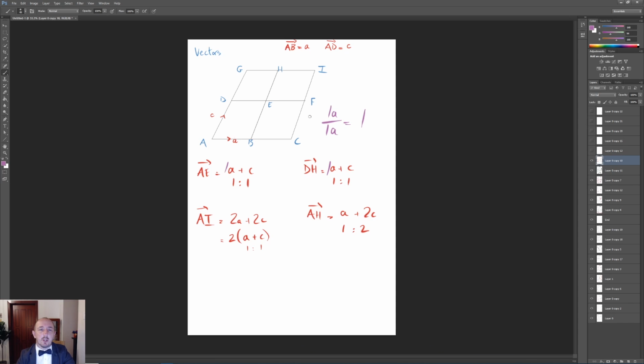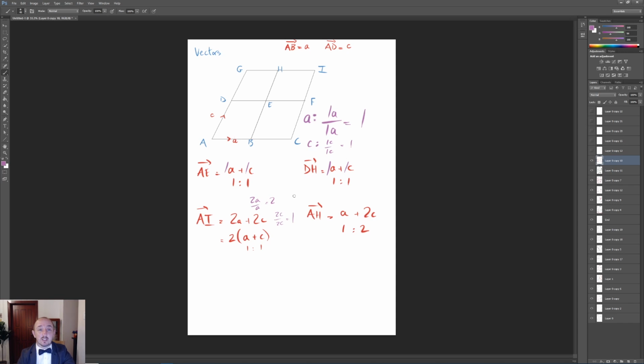So for my A component, we have a ratio of 1, and if I do the same to C, when I divide them, then I also get a ratio of 1. So these are in the same ratio as each other. If I did the same for the bottom 2, when I had 2A divided by A is equal to 2, and then 2C divided by 2C gives me 1. So they're not the same ratio to each other.